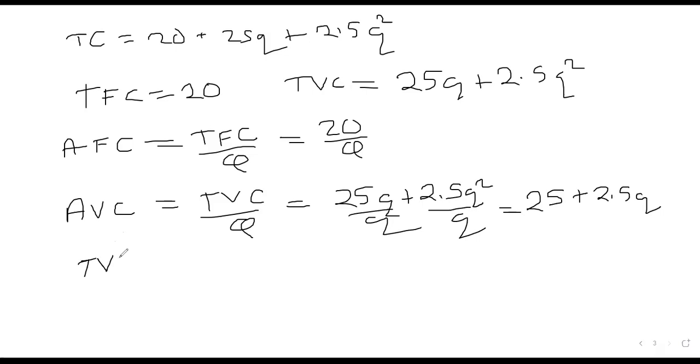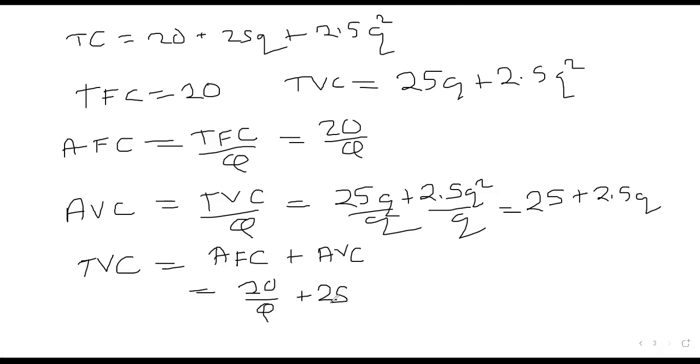Total variable cost, we can add our average variable cost and our average fixed cost when you add them together. So here we have what? 20 over Q plus 25 plus 2.5Q.